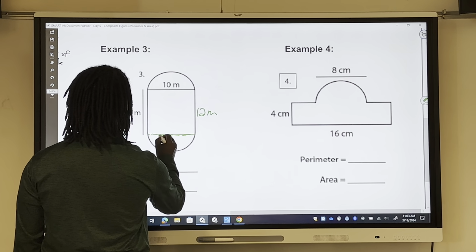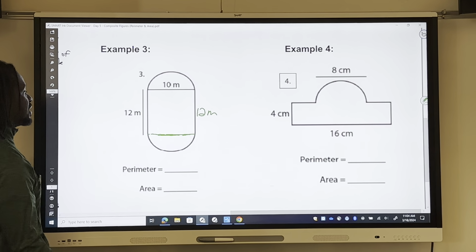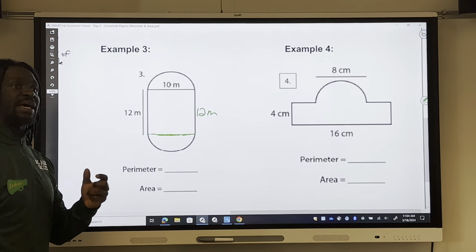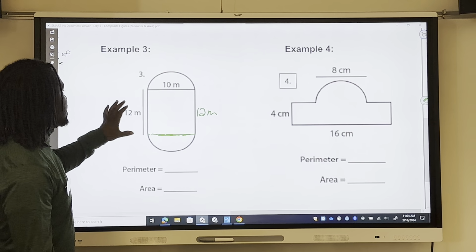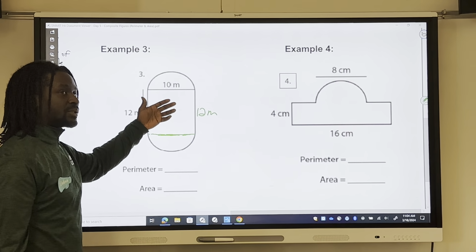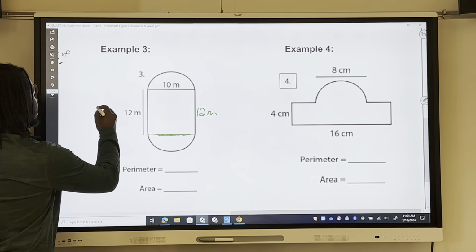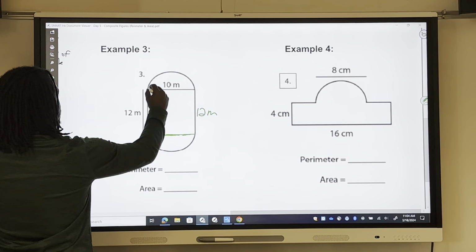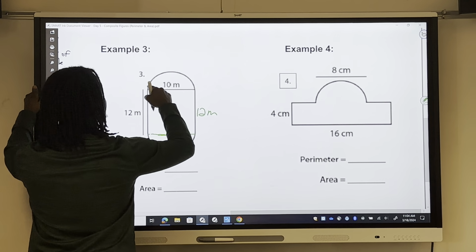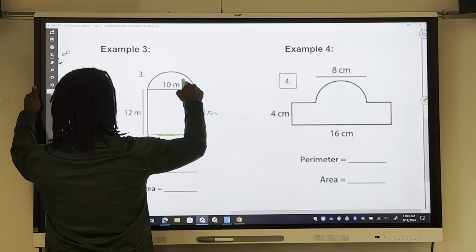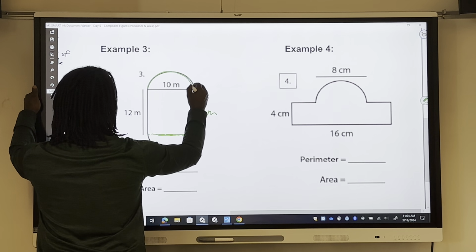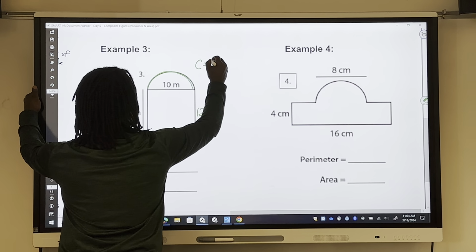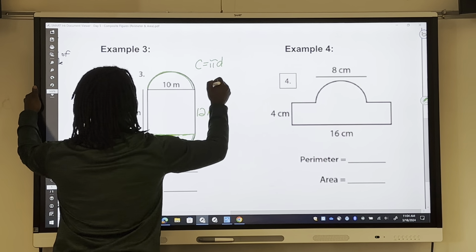Now, for this one, I have this half a circle, and to find the perimeter of half a circle, or of the circle, it is the circumference. So I have to use my circumference formula to figure out what this part of the circle is. So circumference is pi times the diameter.